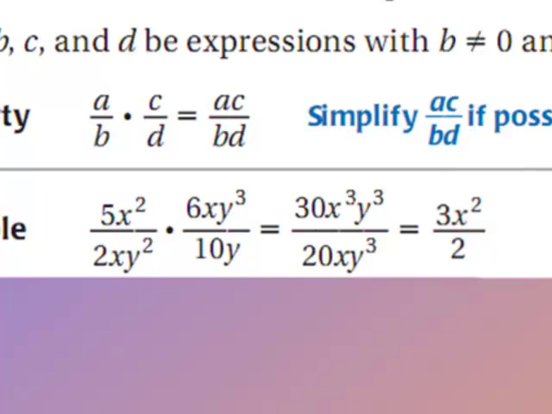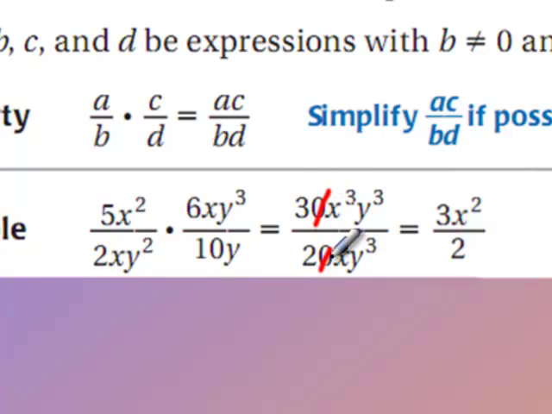And now I can simplify this. I can reduce 30 over 20 to 3 halves, because 10 goes into both.